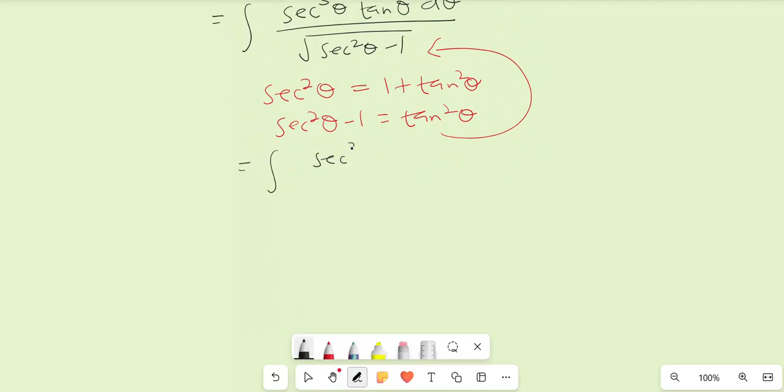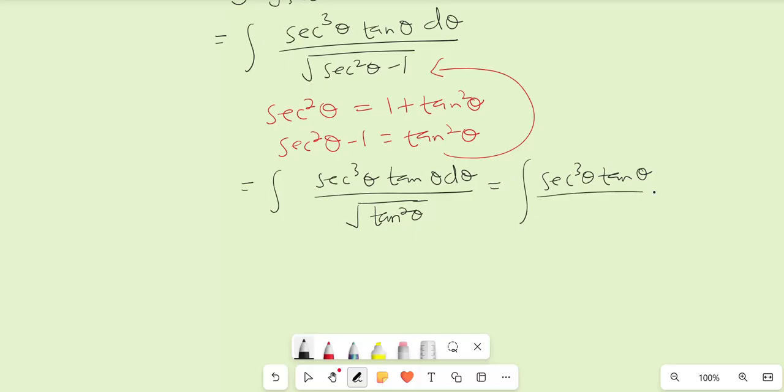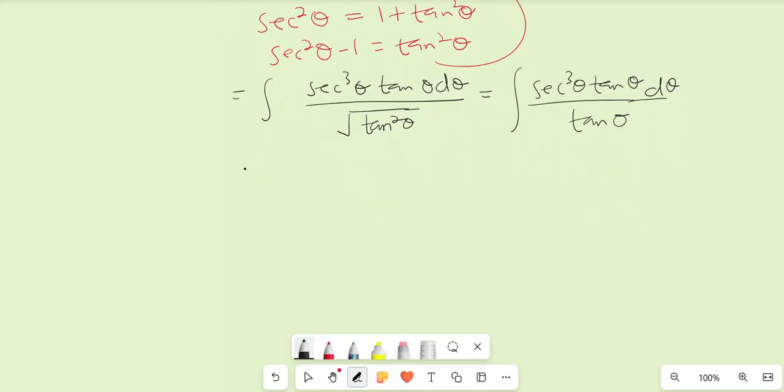And our integral equals the integral of secant to the third power of theta tan theta d theta all over the square root of tan squared theta. And this further simplifies to secant to the third power of theta tan theta divided by the square root of tangent squared theta, which is just tangent theta. This further simplifies to secant to the third power of theta d theta, because these ones will cancel out.